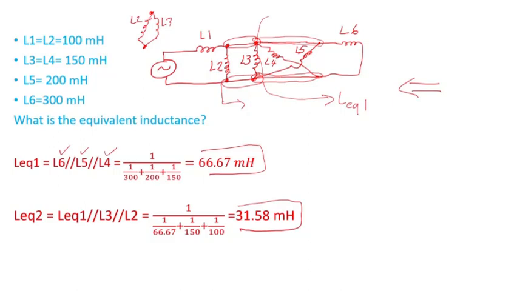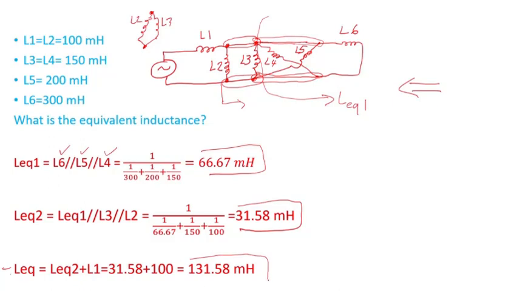So then that equivalent that I called L equivalent 2 is in series with L1. So the equivalent inductance of this circuit is L equivalent 2 plus L1. So if you do the math, it comes to 131.58 millihenries.